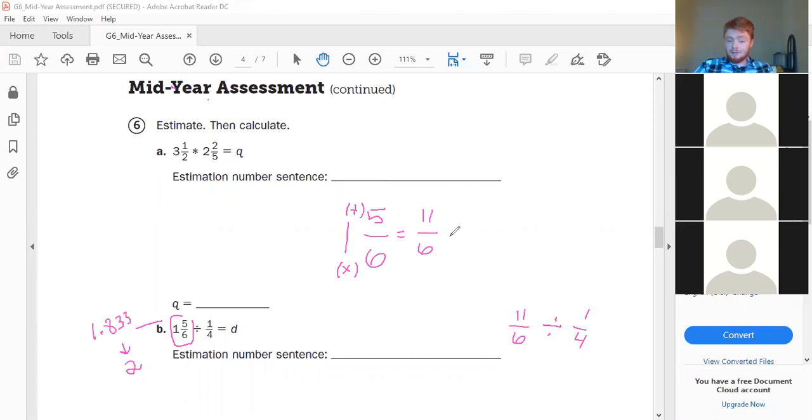We can turn that back into a mixed number because 6 goes into 11 one time. And then there's a bunch left over. If we did 11 minus 6, we get 5. So then I have 5 left over out of 6.